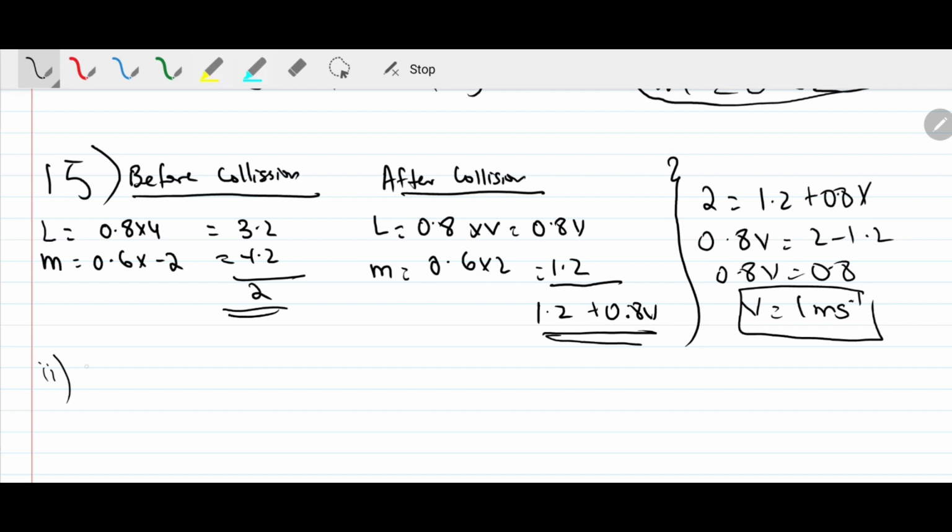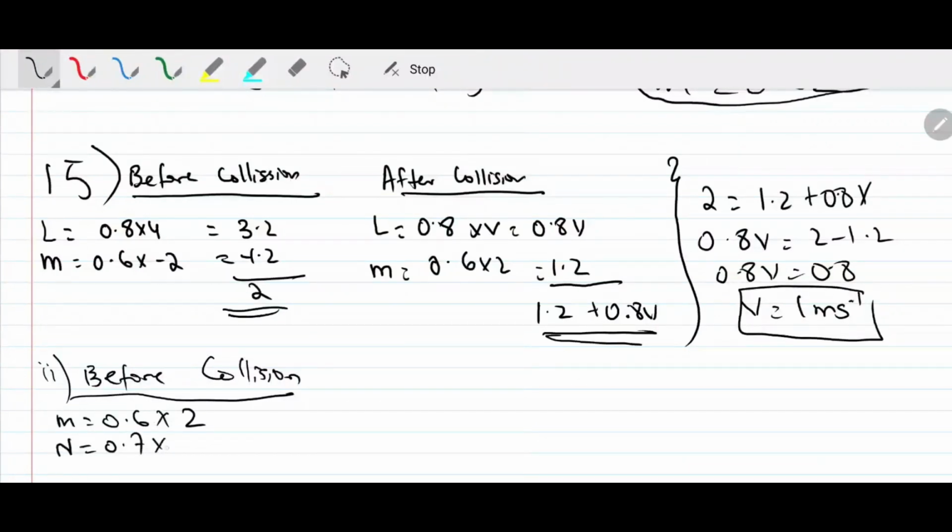So before collision, this time M and N are colliding after the first collision. Before the second collision, M is 0.6 moving in the positive direction, and N is 0.7 moving in the negative direction. So find the total momentum.